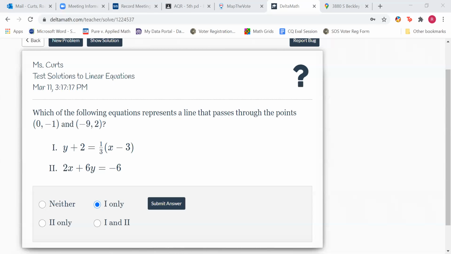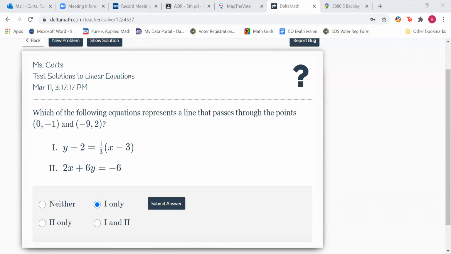I'm going to use a different color. Okay, so that is our x and y plugged in, right? And now we have to make sure that this makes a true statement. Let's see.